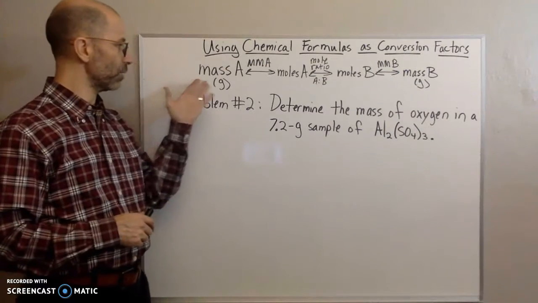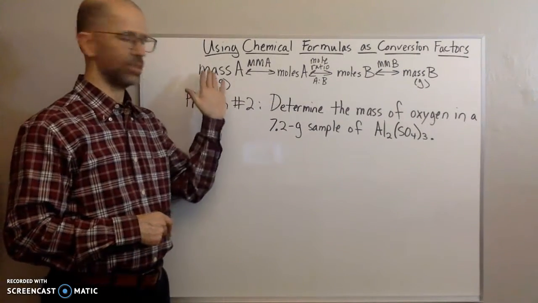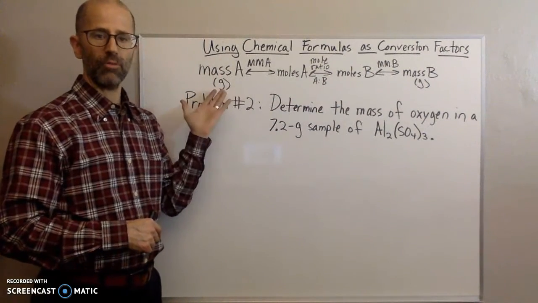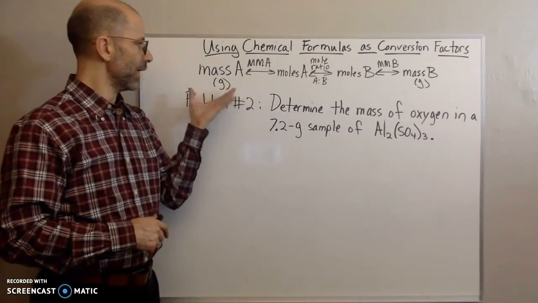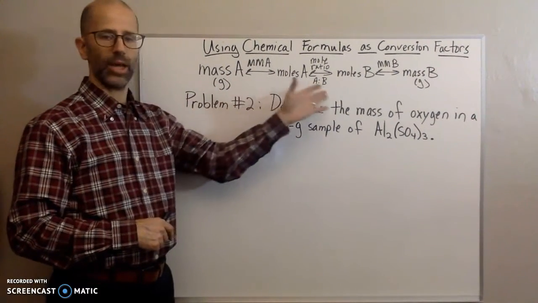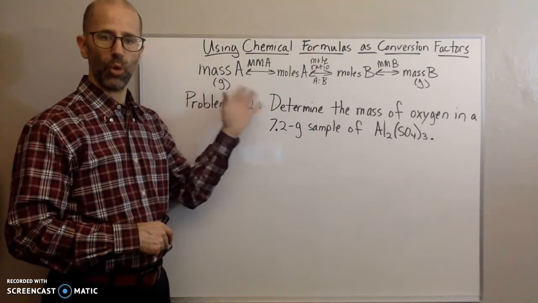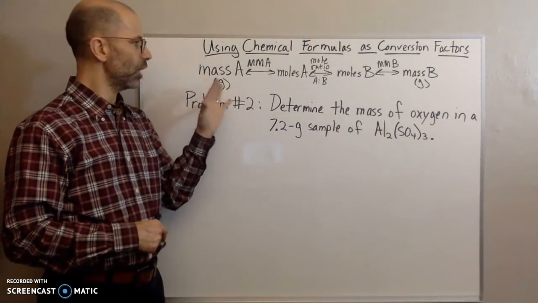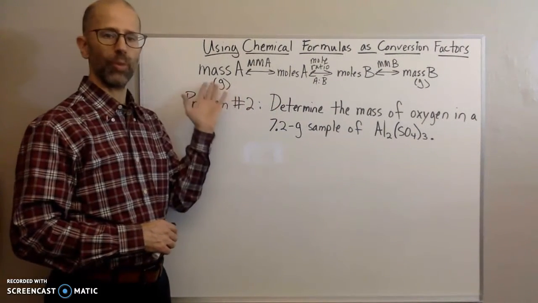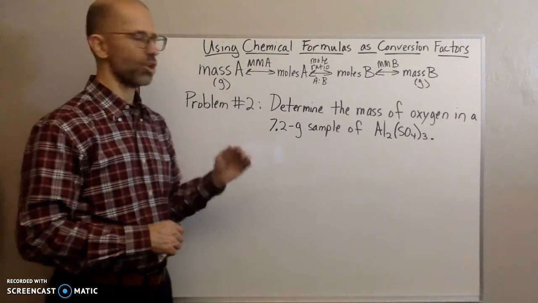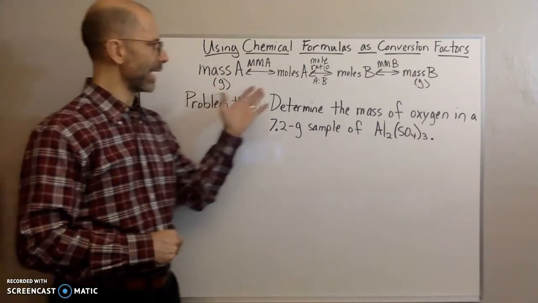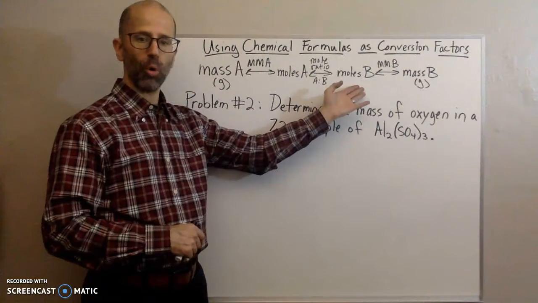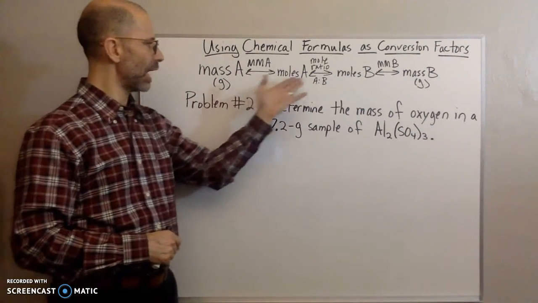So what I want to bring your attention to again is this superhighway roadmap that I have put on the board here. And what this roadmap is showing you is how to get from one thing to another. So if the problem gives you a mass of one thing and wants moles of another thing, then it tells you how to get there.